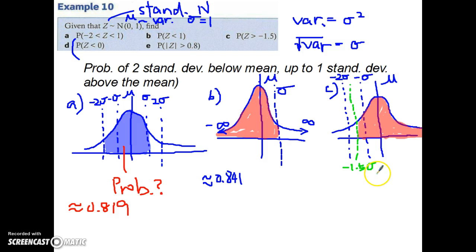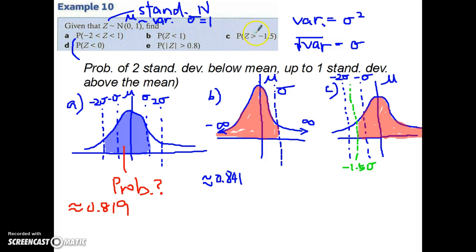Okay, welcome back. I hope you've made your sketch, and it is somewhat close to what I have here. Here I have a bell curve. I put down the mean, and this is my negative 1 standard deviation. This is my negative 2 standard deviation.